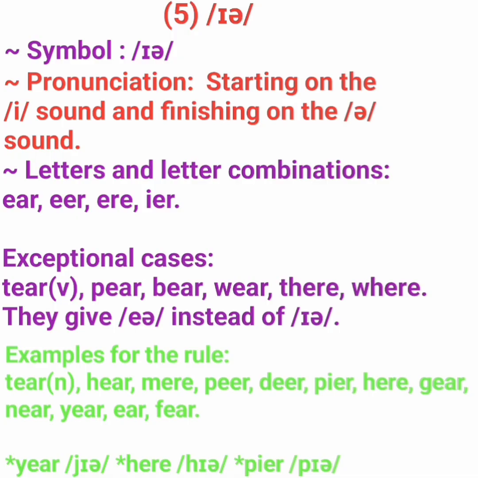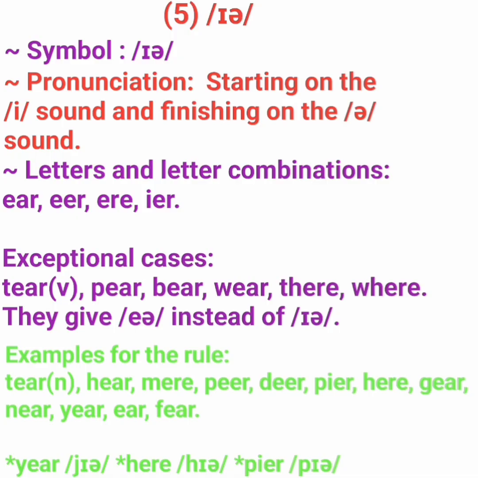All the exceptional cases that I stated here, tier, pair, bear, where, there, they violate rule 5 that I just mentioned, but they go with rule 4. So it means that we are going to pronounce them by starting on the sound. Tier can be used as a verb or as a noun. If it is used as a verb, we pronounce it as tear, like pair.